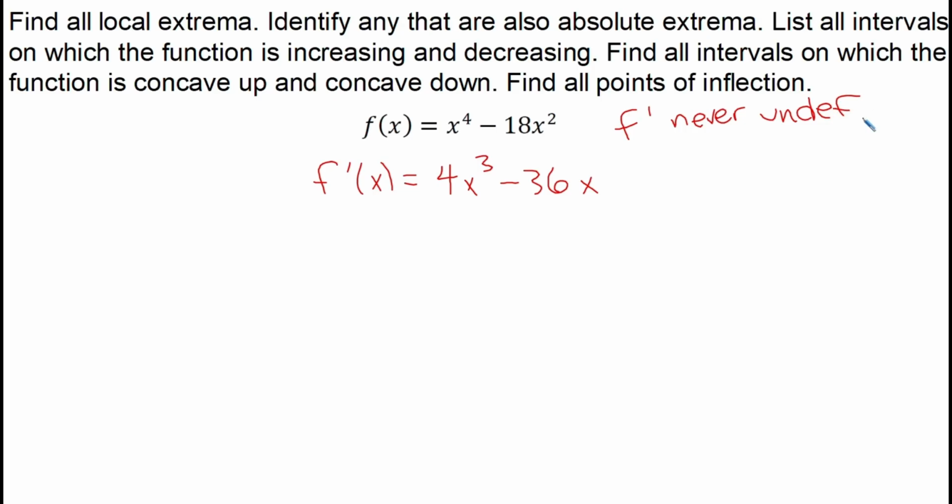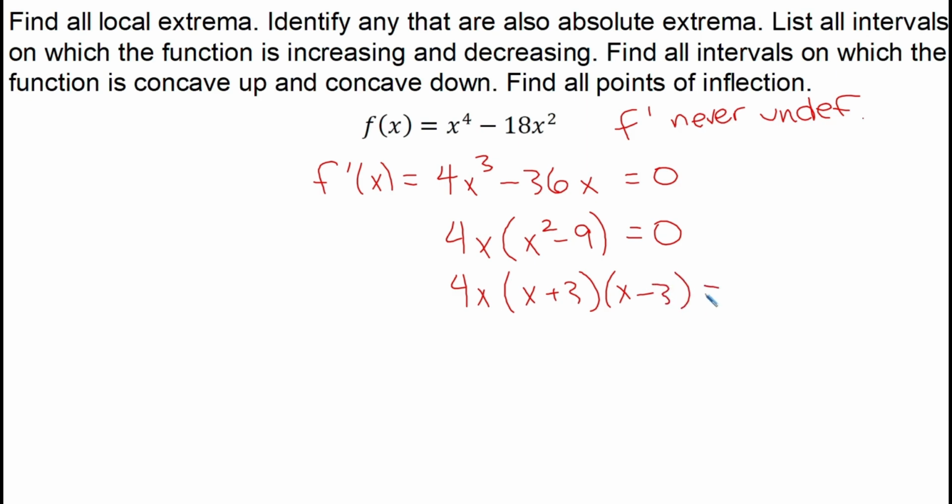It's always good to do. We'll factor out the 4x from this, giving us 4x times x squared minus 9 equals 0, which is the same as 4x times x plus 3 times x minus 3, giving us 3 critical values, 0, negative 3, and positive 3. And so we'll immediately make our sign chart for these.